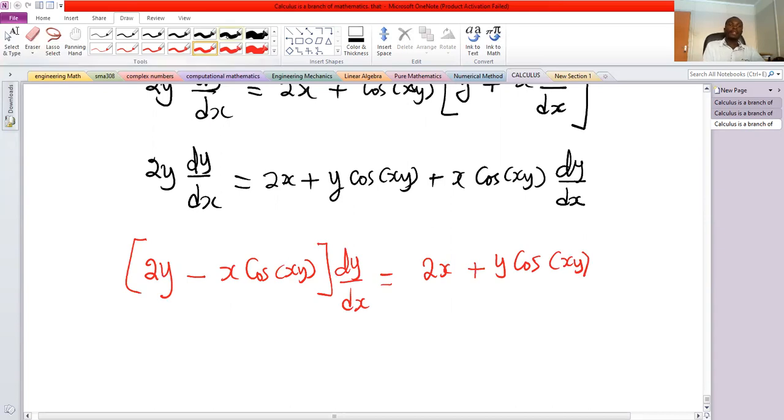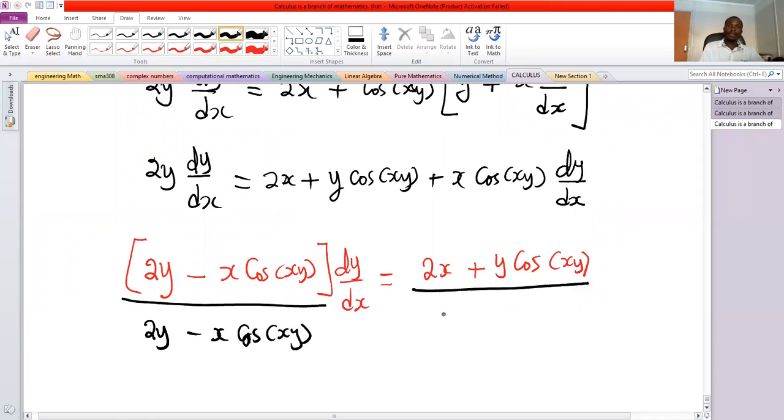And then our interest is to find dy/dx, so divide through by this bracket, 2y minus x cos of xy. So this and this cancels out.